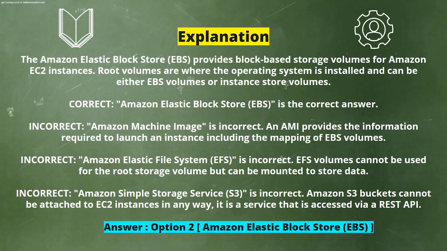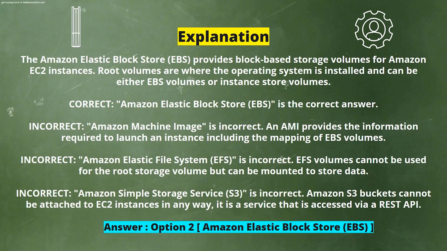Explanation. The Amazon Elastic Block Store, EBS, provides block-based storage volumes for Amazon EC2 instances. Root volumes are where the operating system is installed and can be either EBS volumes or instance store volumes. Correct. Amazon Elastic Block Store, EBS, is the correct answer. Incorrect. Amazon Machine Image is incorrect.